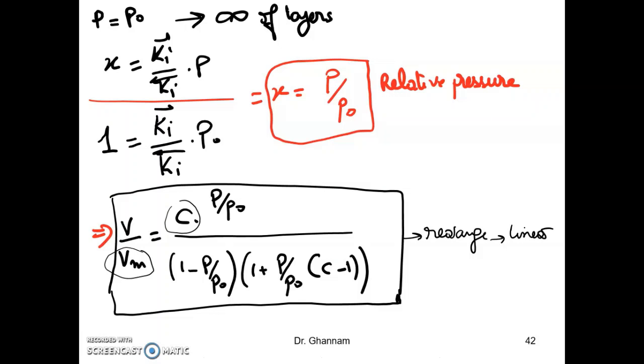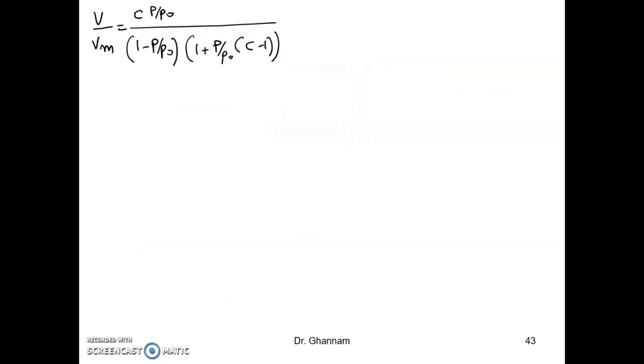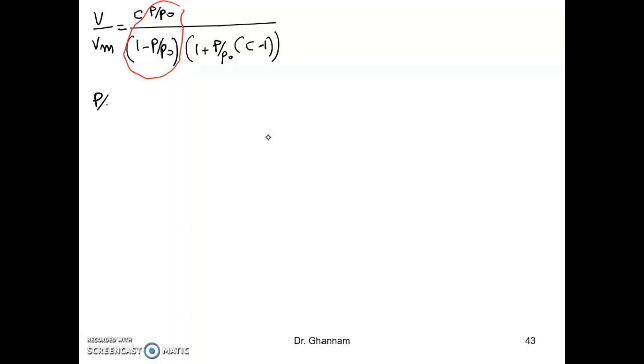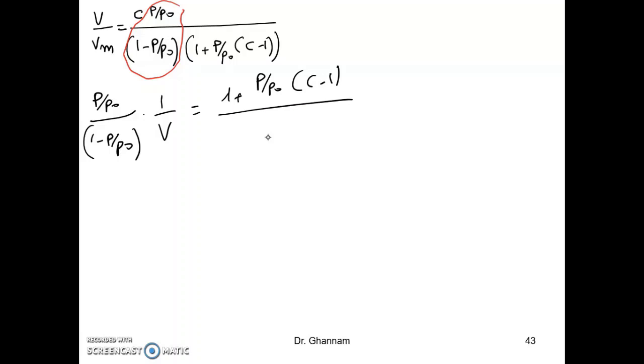So to rearrange the coverage as a function of P over P0, let's take this factor over V. So if we consider (P over P0) over (1 minus P over P0) times 1 over V, it will be equal to 1 plus (P over P0)(C minus 1) divided by C Vm.